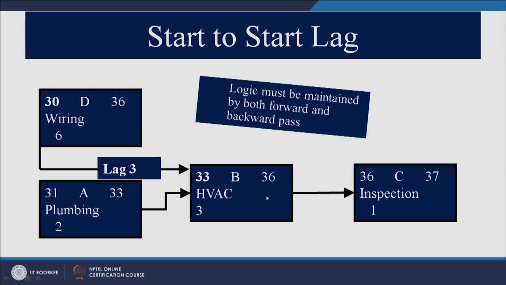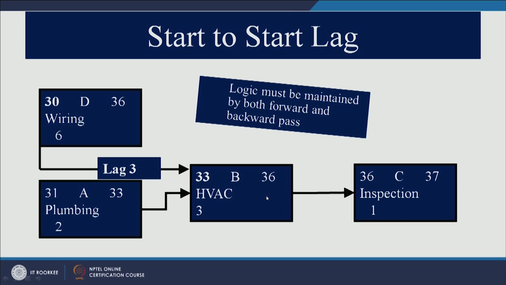The next is start to start lag. So, there is a lag between the start of the preceding activity and the start of the succeeding activity, right. Okay, so let us look at again the same example: wiring, plumbing, HVAC and inspection, right.